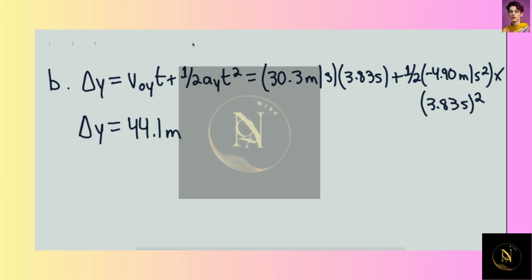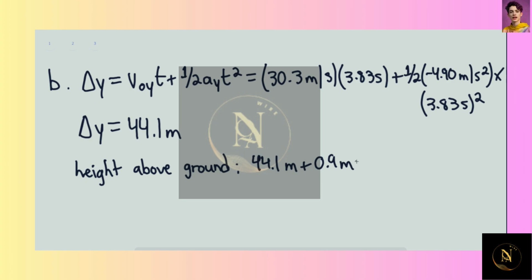The ball was hit 0.9 meters above the ground, so the height above ground would be 44.1 meters plus 0.9 meters. This is equaling 45.0 meters.